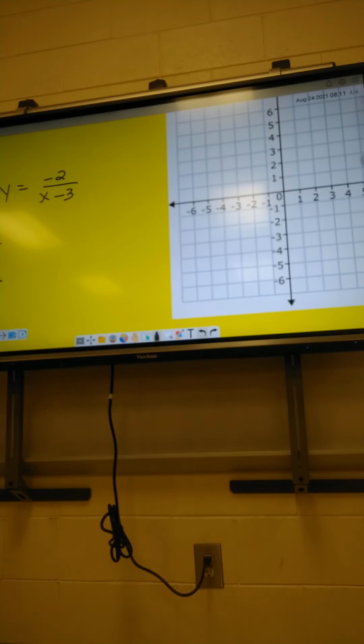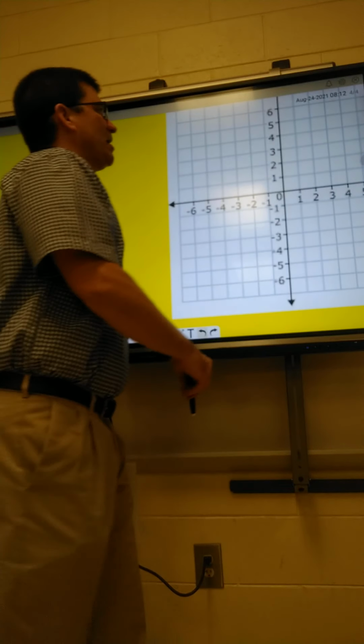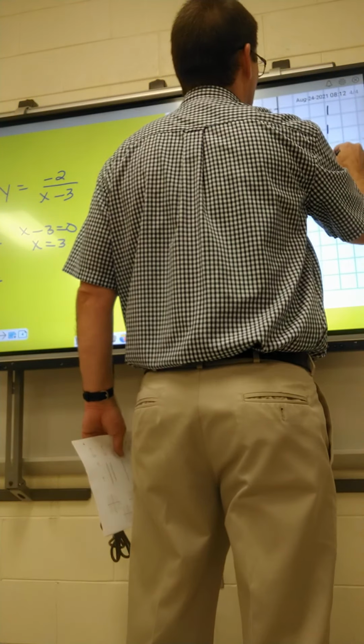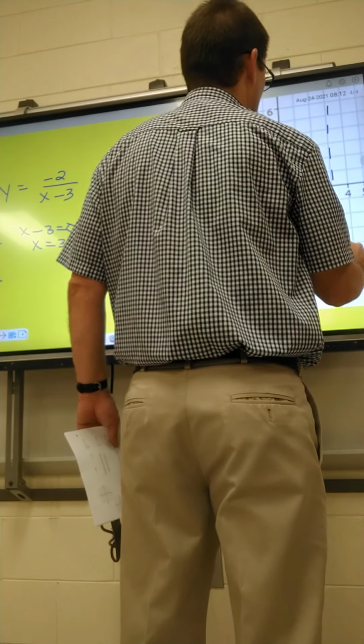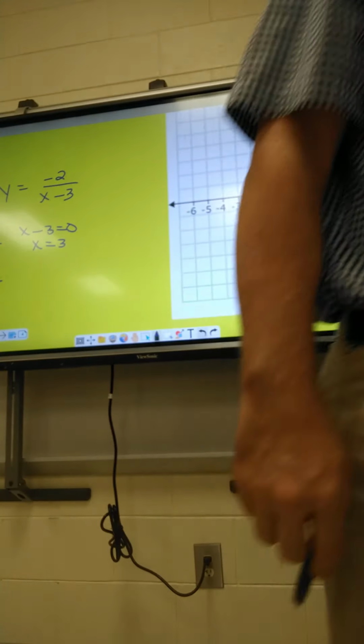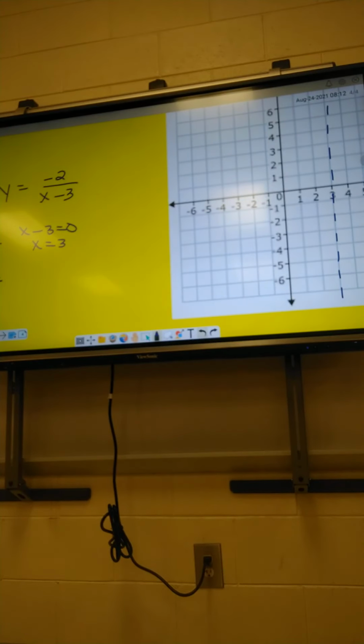All right, what you got to do to find the vertical asymptote? Whatever's on the bottom, set it equal to 0. All right, Tyler, what's that going to be when you move negative 3 over? We got plus 3. Y'all got to put a dotted line at x equals 3 with a color.